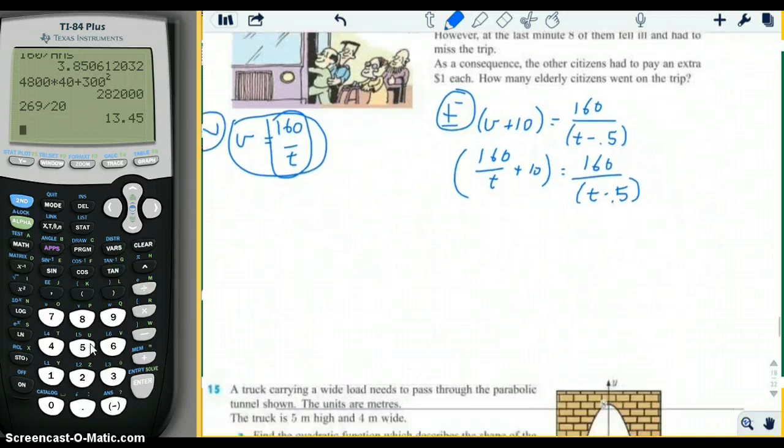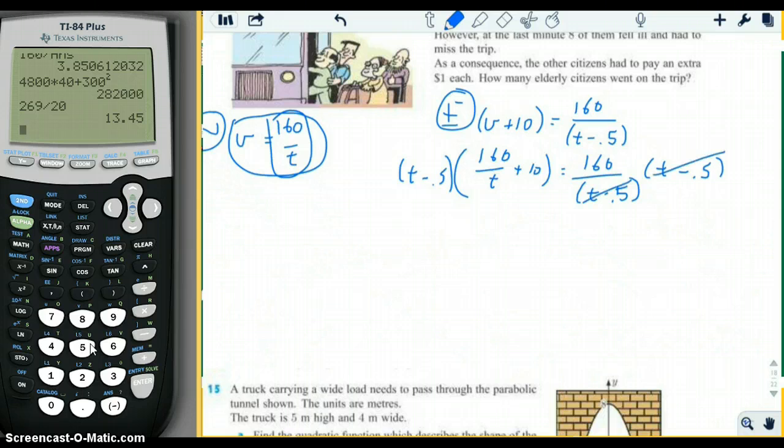Okay, now we could multiply both sides by t minus 0.5. And then these cancel out. And then we can also multiply both sides by t to get rid of this t here.